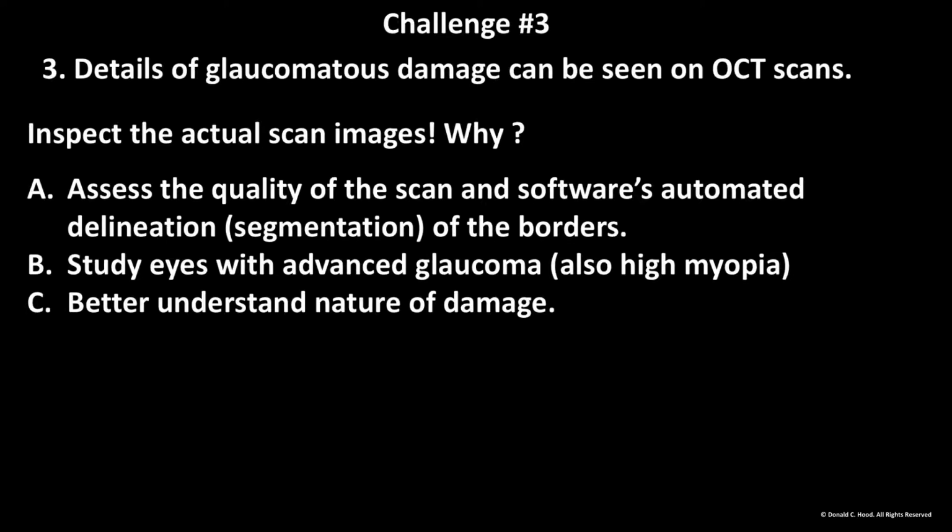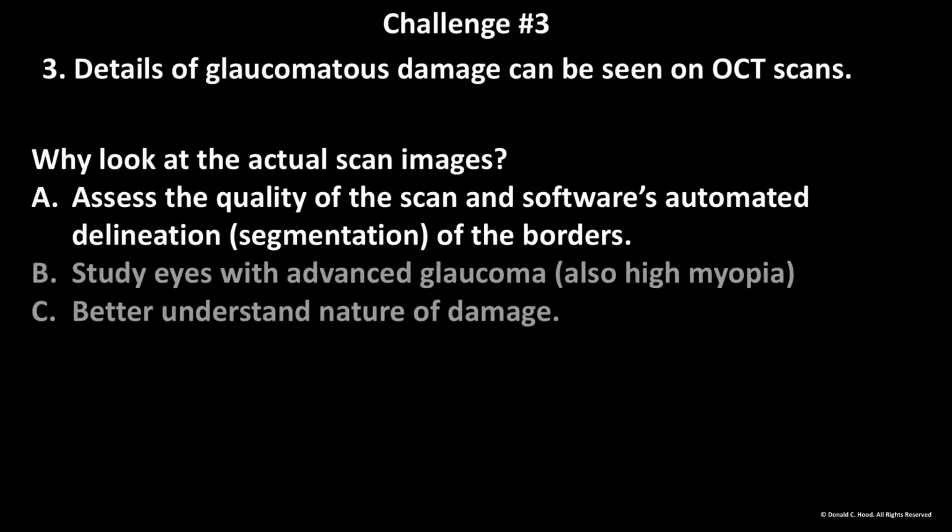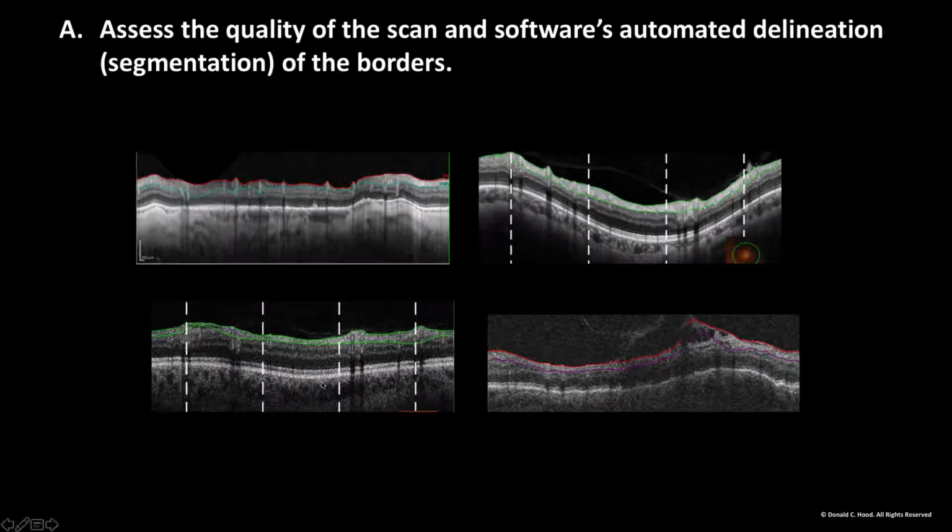The first and least important but practical is you want to assess the quality of the scan. I never look at the quality scores, ever. Instead, I look at the scan to see the quality. And in some cases, you're going to see algorithm failures because all computer segmentation algorithms make mistakes.